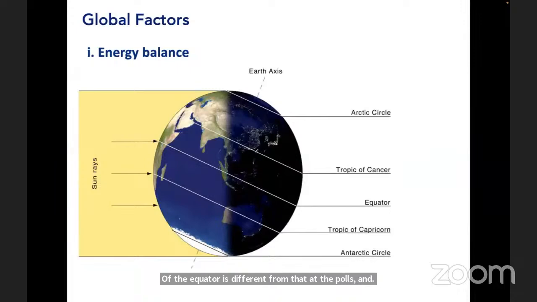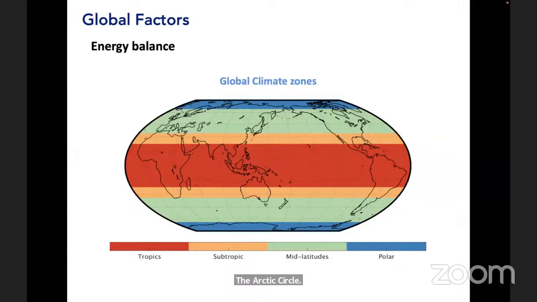And we said based on that, we divide the Earth on different circles from the equator, the Tropic of Cancer and Capricorn, then the Arctic Circle. And this energy balance leads to global climate zones, which, like I said yesterday, are based only on the energy that the surface receives.